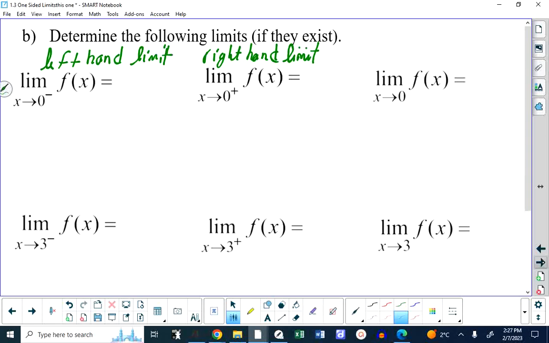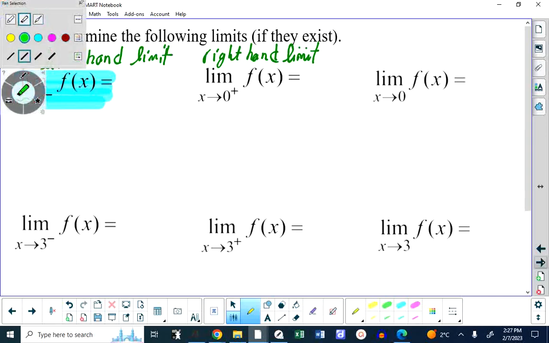When I read this limit that I'm going to highlight in cyan or blue, I say that's the limit as x approaches 0 from the left of f of x. Whereas when I read this limit, or think about it in my head, I think this is the limit as x approaches 0 from the right.